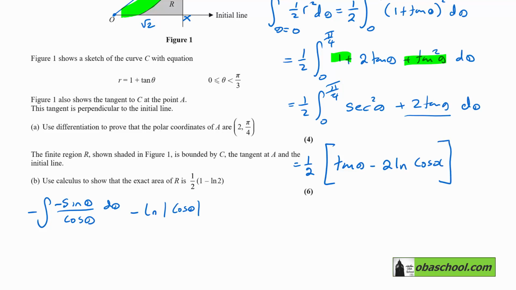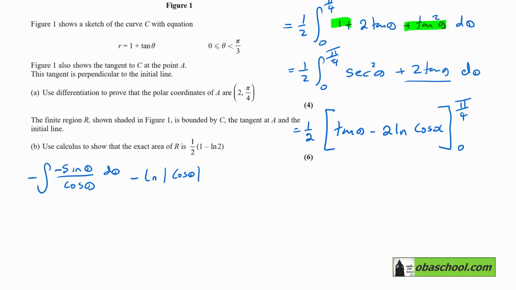Don't need to worry about the modulus because we're between 0 and pi by 4, and the cosine is going to be positive in there. So using the top limit, we get 1 take away 2 log (root 2 on 2). The bottom limit is just going to give us 0. Tan of 0 is 0, cos of 0 is 1, but then the natural log of that is 0.